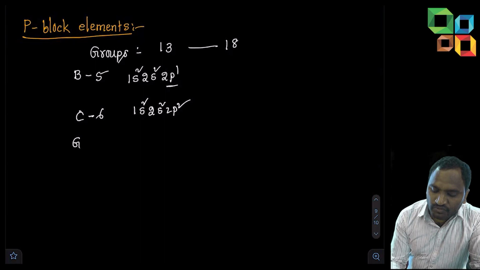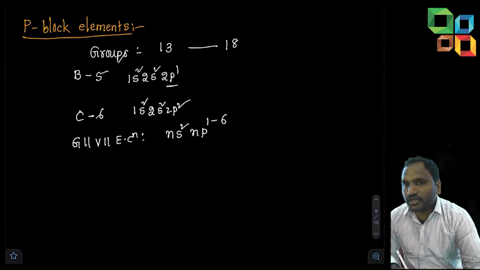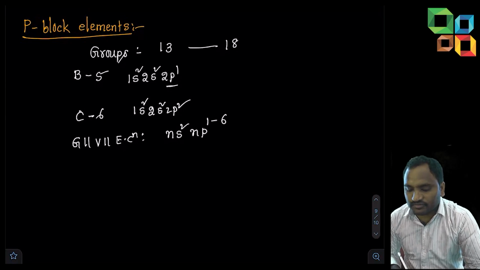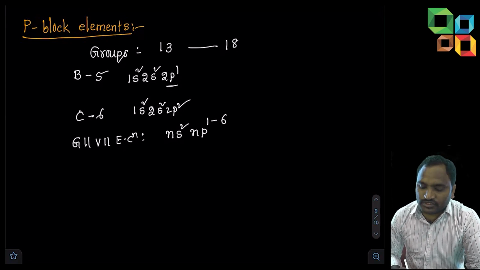What is the general valence electronic configuration? ns2 np1 to 6, since the maximum capacity of the p subshell is 6 electrons.